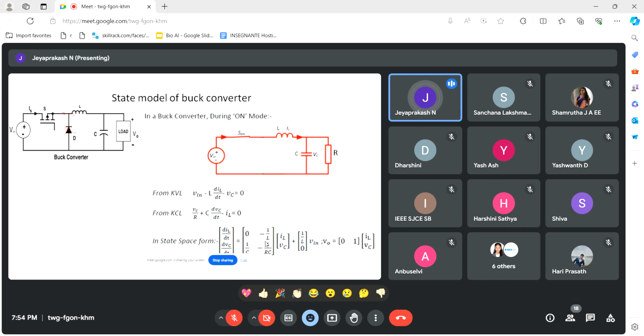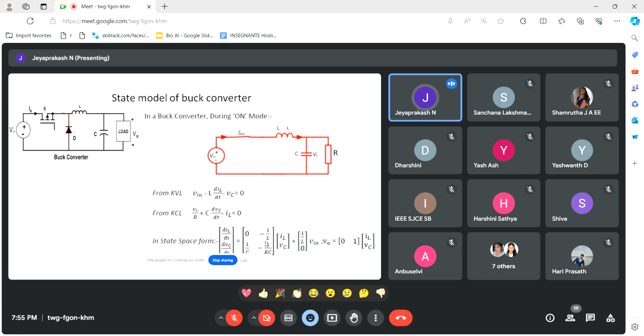The equivalent circuit is drawn here. We have an input source in series with the inductor and capacitor, and we are connecting the R load. First we are going to derive the state equations. The state equations are derived with the help of KVL and KCL.